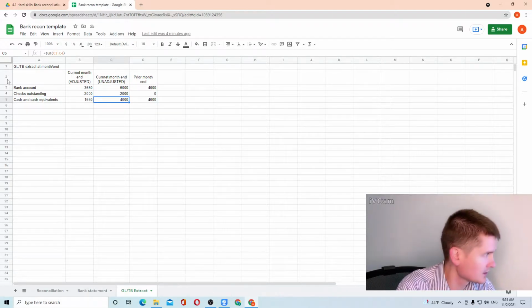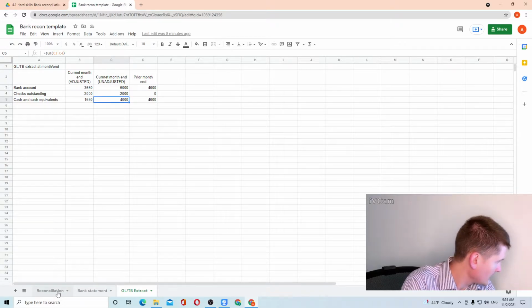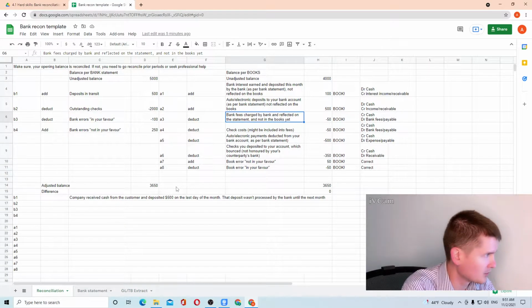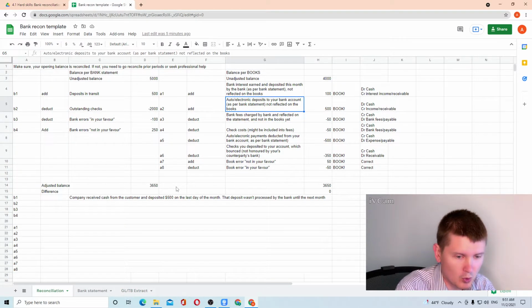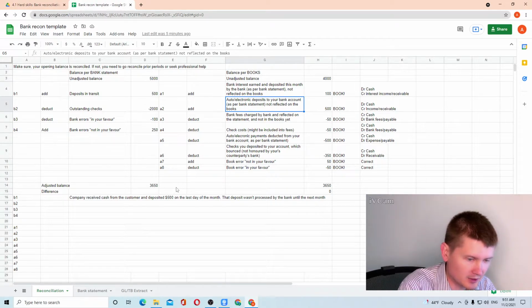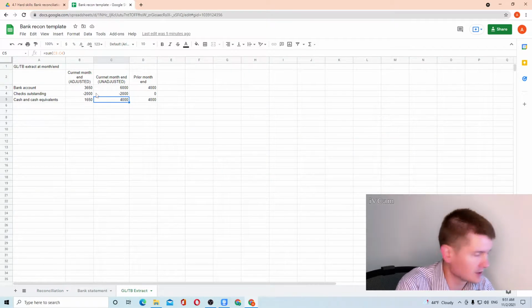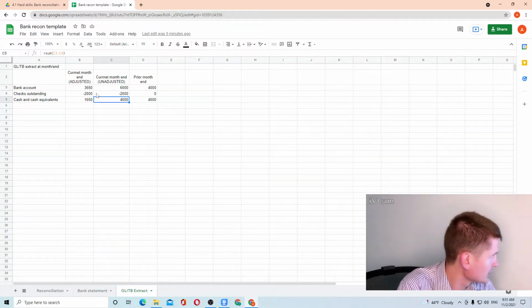In this template I provided most of the situations which can impact the differences between your bank and your books. Your books is what you have in your spreadsheet or in QuickBooks, and what does QuickBooks say about your cash.